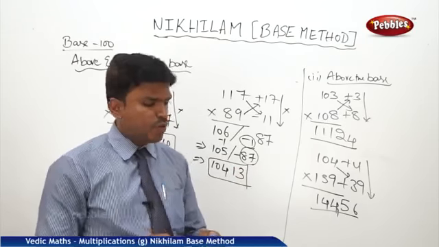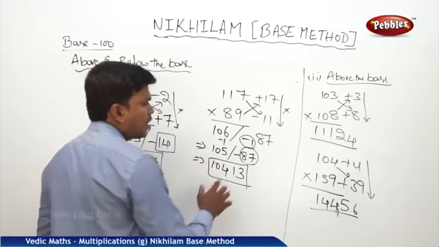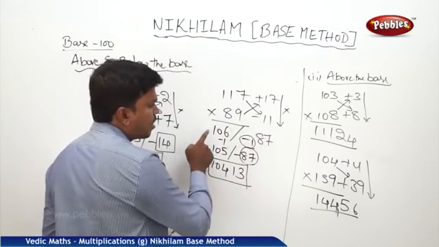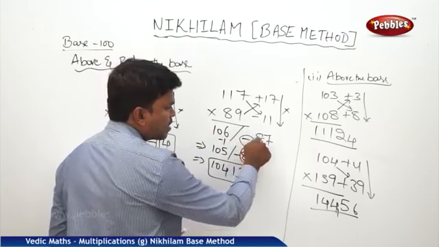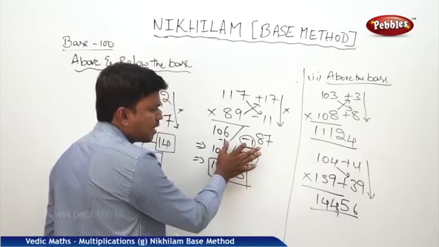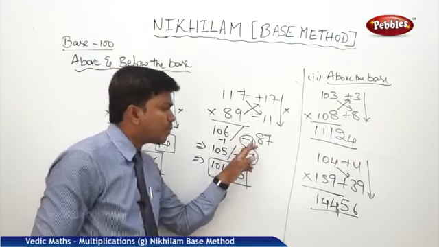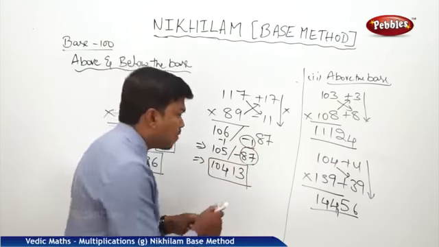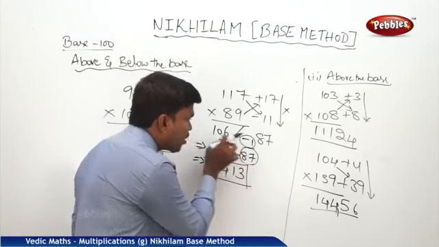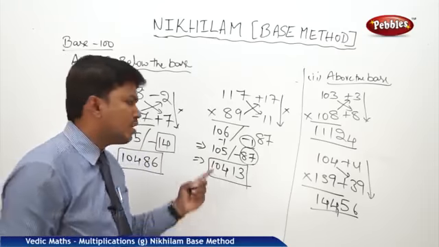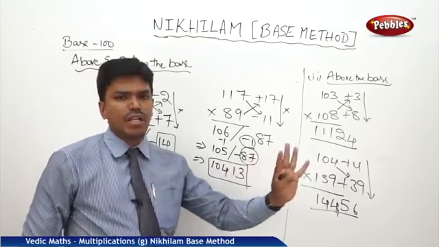I am going to explain this one more time. First of all, there is a negative carry, minus 1. How to balance this? 106 minus 1, since there is a negative carry. This is the one where we got the negative carry, and you have to subtract it from this number. 106 minus 1 is how much? 105. So right here, minus 87 will be like that only.